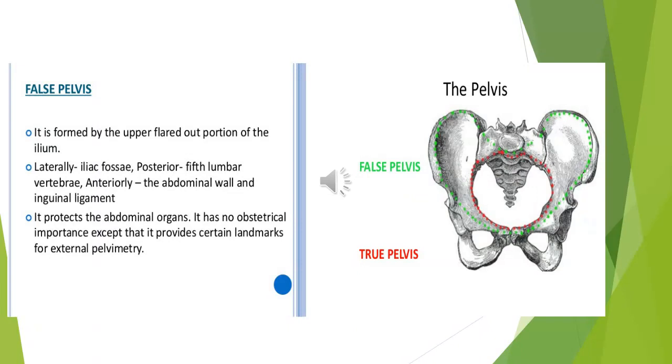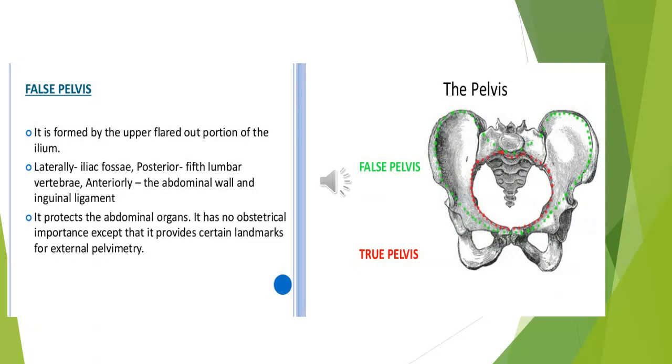The false pelvis is formed by the upper flared out portion of the ilium. So the lateral boundary is the iliac fossa, and behind is the fifth lumbar vertebra. So this false pelvis comes as a part of the posterior abdominal wall also.